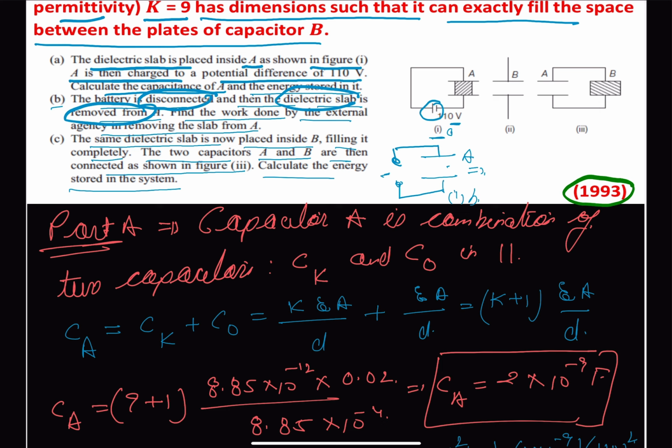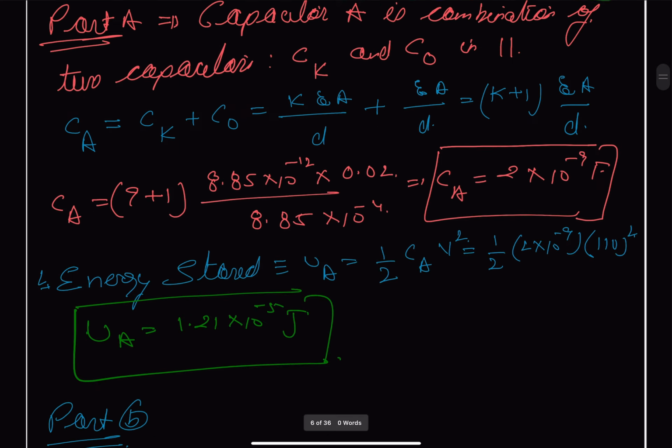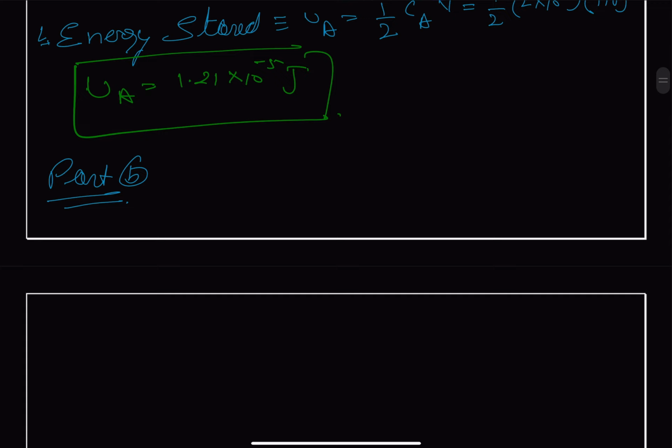And we have to remember that the amount of charge stored on the capacitor is going to remain the same with and without the battery. So first of all, let's find out the charge stored in the capacitor.